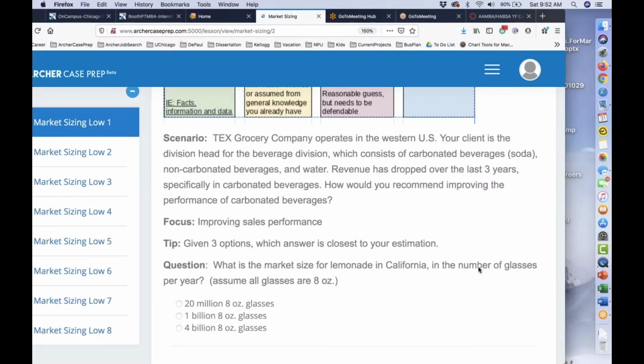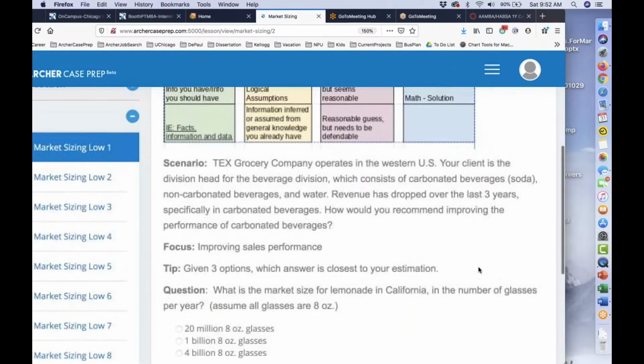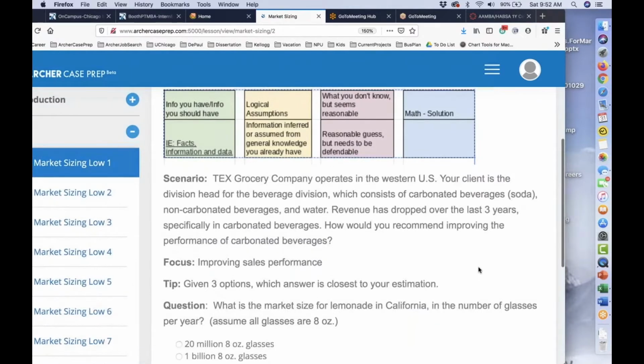Just for reference, up at the top there's a little bit of a guide on how to go about this. I'm going to give you all about 3 minutes to work through that and see what you come up with. All right, so let's estimate glasses of lemonade consumed in 1 year in California. Everybody go ahead.